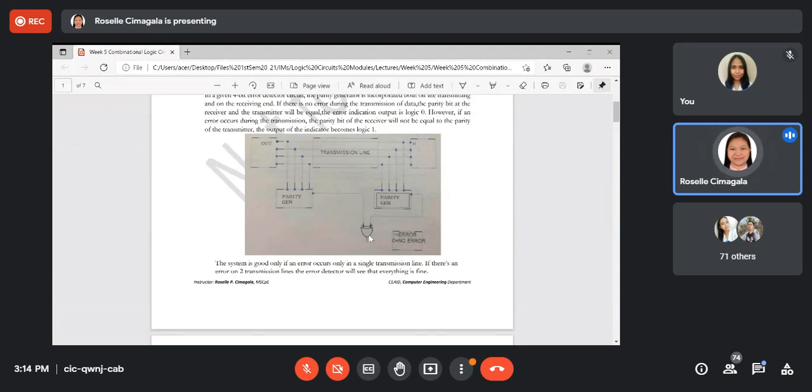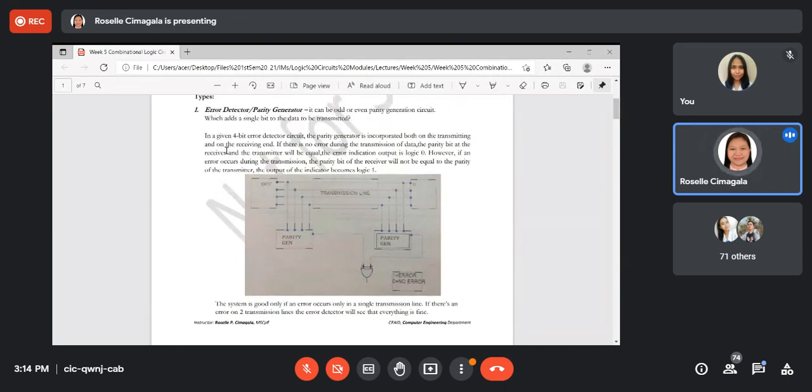If both inputs are the same, let's say both are 0, 0 or both are 1, 1, the output is 0. So for the parity generator, if the output is 0, it means no error. If the output is 1, it means there is an error.